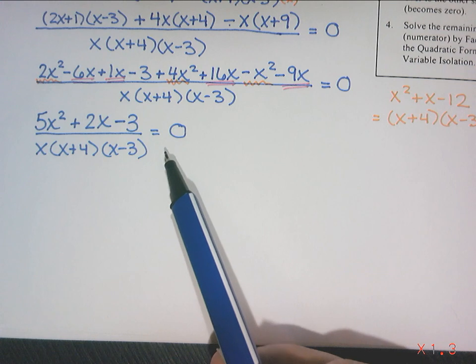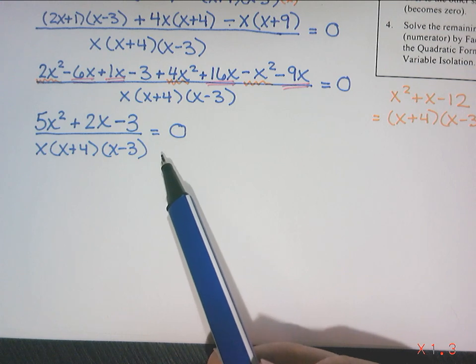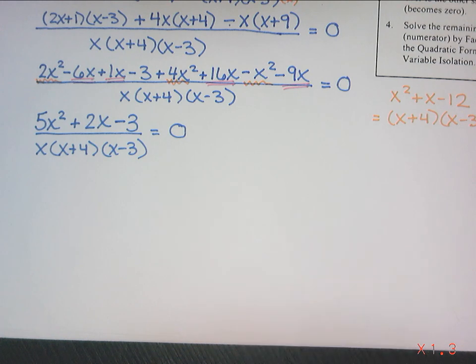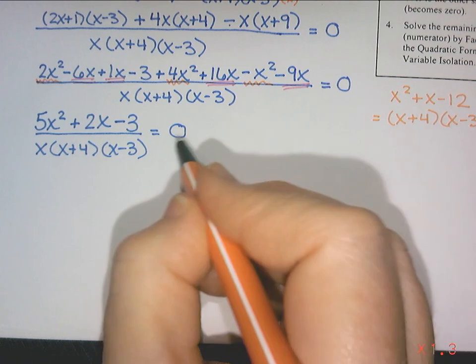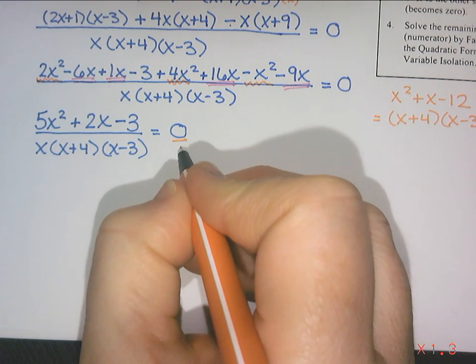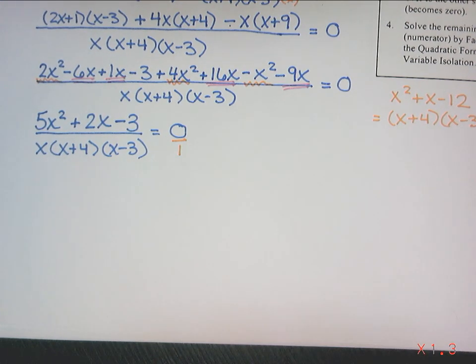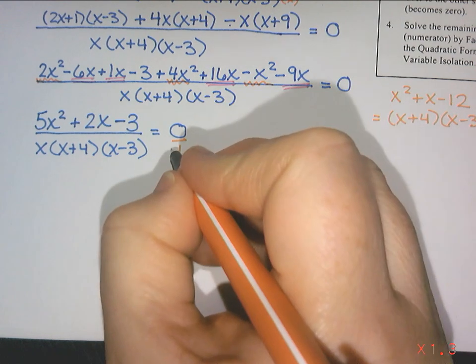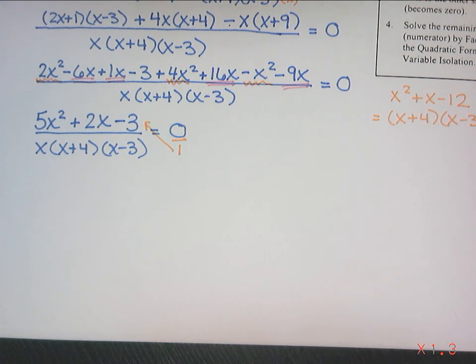So at this point, we are going to do what we learned to do in method number 1, which is cross multiply. So I would like this not to be a fraction anymore. This 0 on this side is technically over a secret 1. So I am going to multiply 1 by 5x squared plus 2x minus 3.